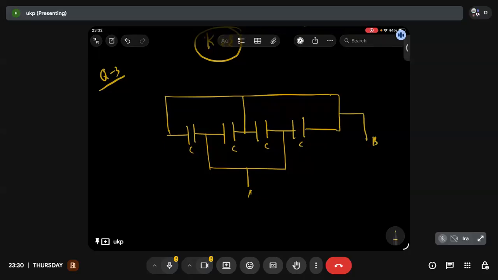Guys, find the equivalent capacitance between A and B. It is given that each and every capacitor is of capacitance 16 microfarad. You will tell me what is the resultant capacitance across the AB terminals.